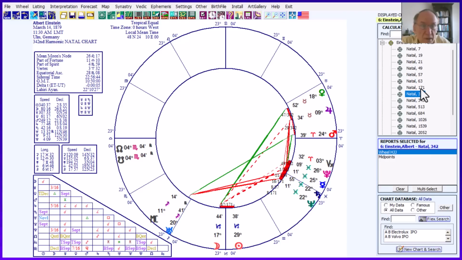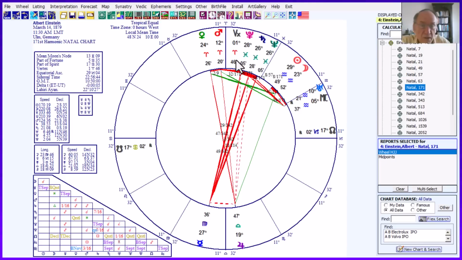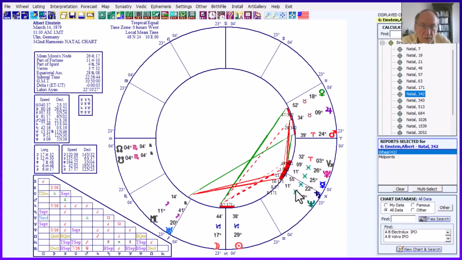Because when you look at his 171 vibration, you see this huge opposition. You might want to just remove that opposition. You just do. And if you do that, you'll have a 342 vibration with those 4 planets conjunct. And if you do that, you now have an alternating fractal vibration.